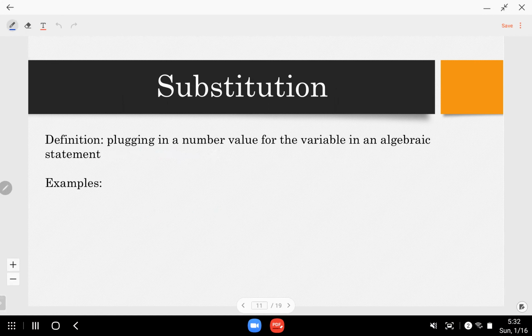So now let's move on to our new topic for today, substitution. What is substitution? Substitution is basically plugging in a number value for the variable in an algebraic statement. That's not always the case for substitution. There are a lot of applications of substitution in mathematics and geometry. In algebra, the most common definition would be plugging in a number value.